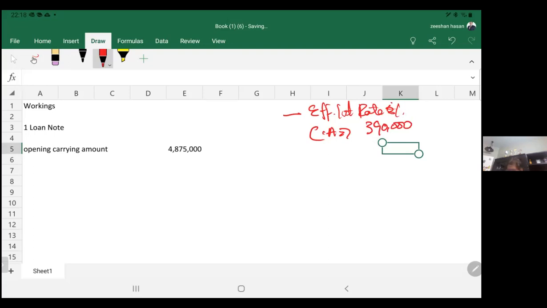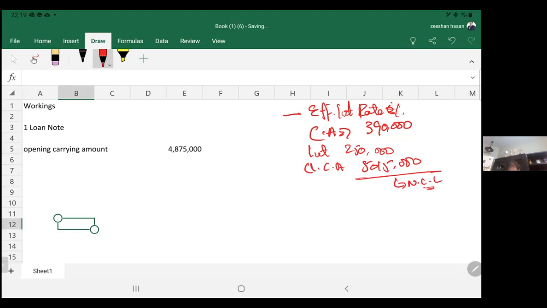The actual interest paid is 250,000, which you can see in the trial balance as well, which leaves a closing carrying amount. What will be the closing carrying amount? 501500, for inclusion, as it will be included as a non-current liability in the statement of financial position.